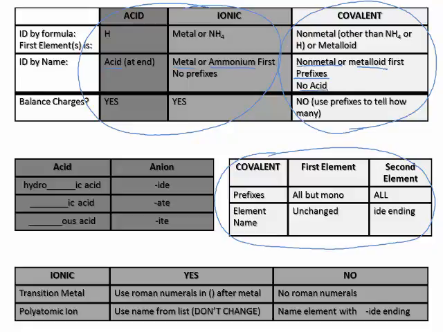There's no acid in the name. For naming covalent, we have 2 names. The first element has any prefix except for mono, followed by the name of the element unchanged. The second word uses a prefix every time, and the ending of the element name ends in IDE.